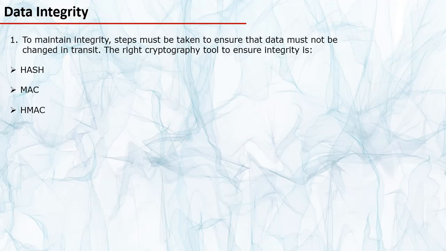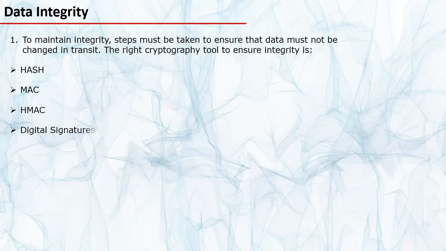The message sender can create a hash, MAC or HMAC of the message and send it along with the message. Once the message is received, the receiver can create a hash, MAC or HMAC on the received message and compare it with the one that was originally created and sent along with the message. This helps us ensure that the message we have received is exactly the same as the one that was sent.